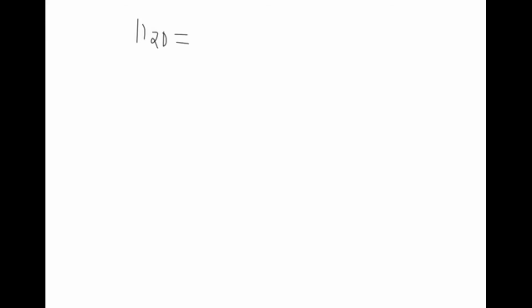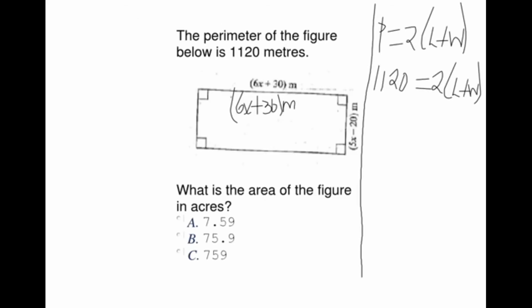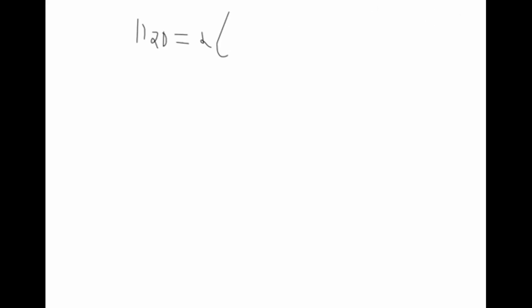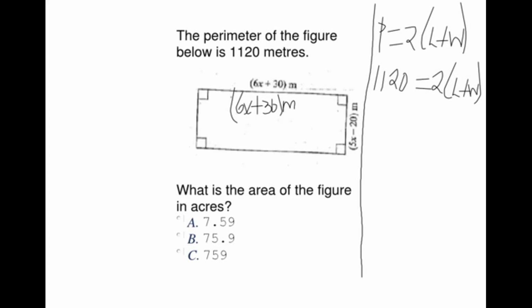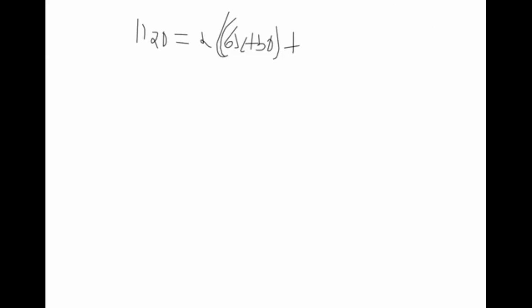So we have 1120 equals 2 into (6x plus 30 plus width, which is 5x minus 20).